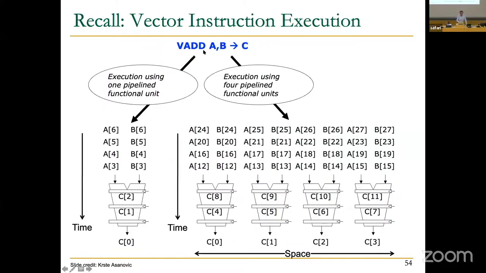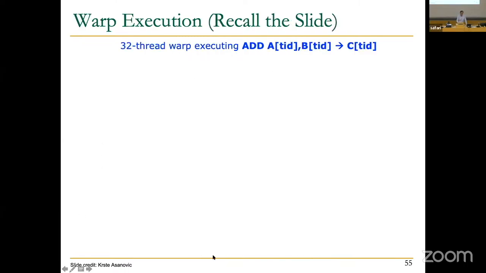Okay, recall, basically this is what happens in a GPU. This was a SIMD instruction, right? We had this vector add A, B, C. This is a nice way of looking at a vector processor over here and a combined vector and array processor. We've seen this. What a GPU does is, you have a 32-thread warp executing this code: add A[TID], B[TID], C[TID]. TID is thread ID.